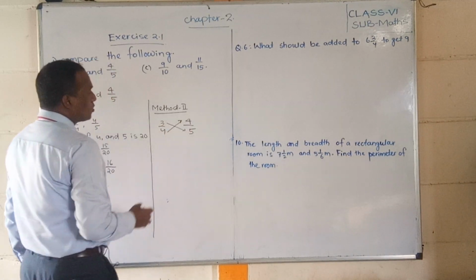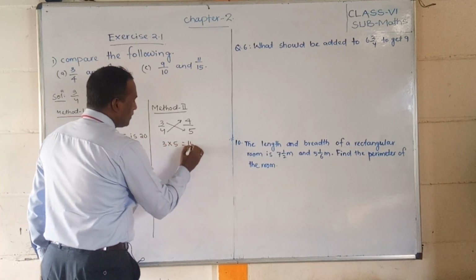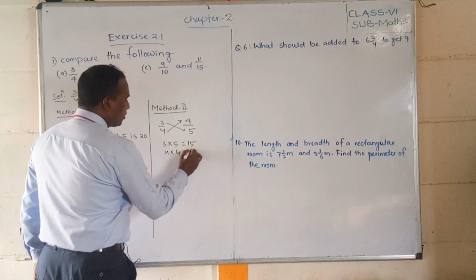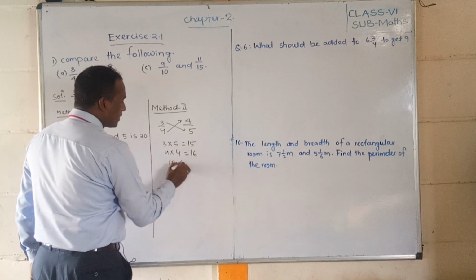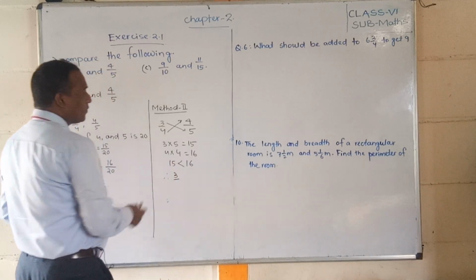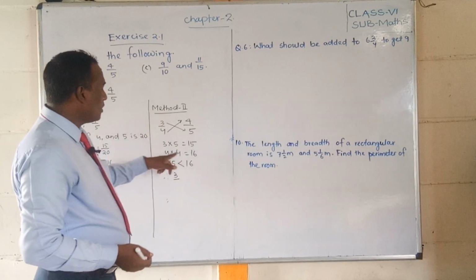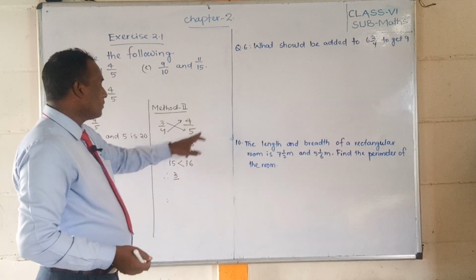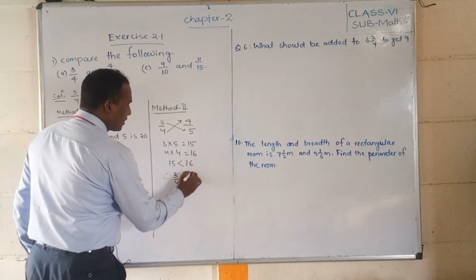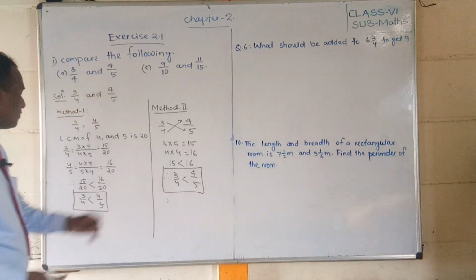Multiply 3 into 5, which is equal to 15, and 4 into 4 is equal to 16. Now 15 is smaller than 16, hence 3/4 is smaller. That means if the first number is smaller, then the first fraction is smaller; if the second one is smaller, then the second fraction is smaller. So 3/4 is smaller than 4/5. We got the same answer both ways.